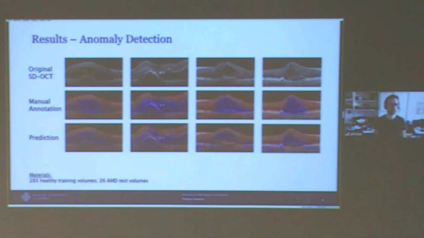You can see here some examples with original OCT scans, manual annotations, and predictions in the last row. What we've seen is that it really is able to identify the anomalous regions, but there's still room for improvement, which is why we developed the second method that I will present to you afterwards.